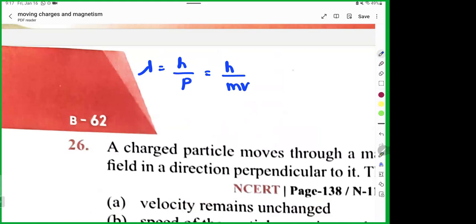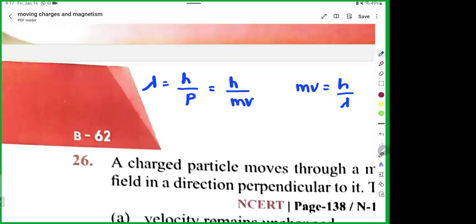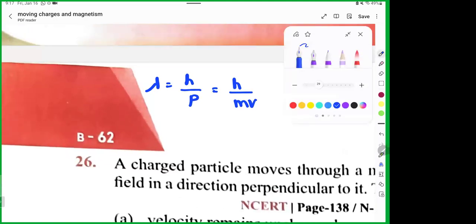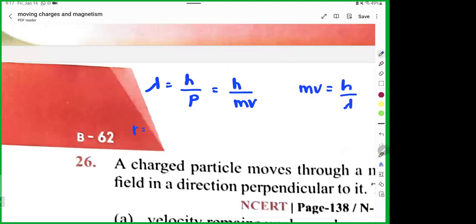So mv will be equal to h upon lambda. Our formula was R is equal to mv by qB, and instead of mv, you can write h upon lambda. Now you already have R, h, q, B, everything is ready. So your lambda formula will be h by qBR.